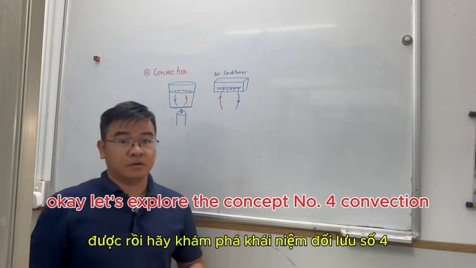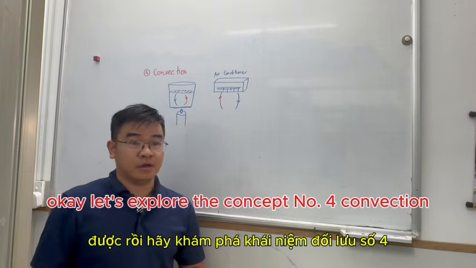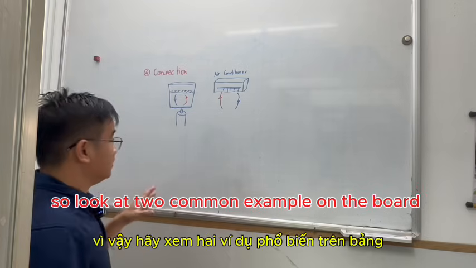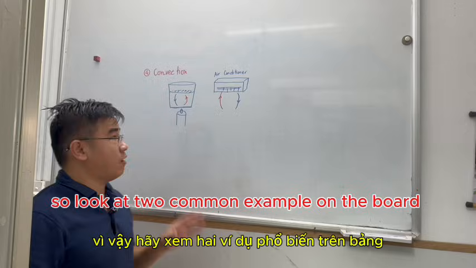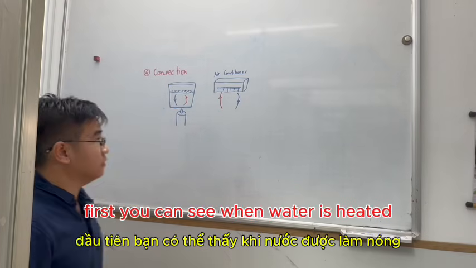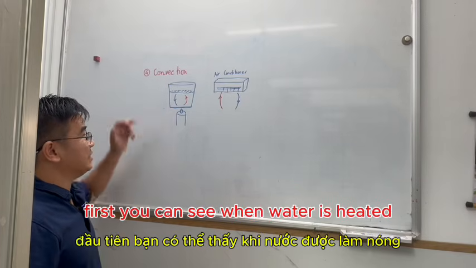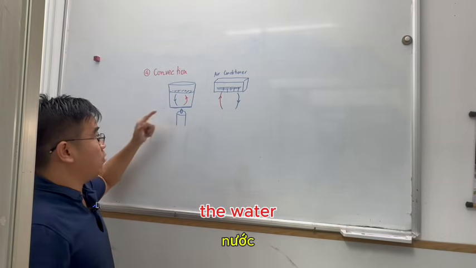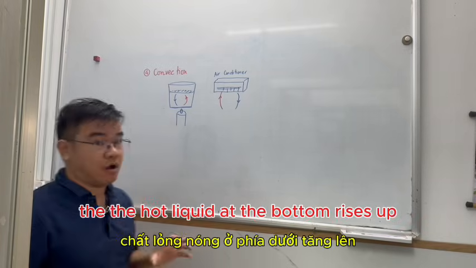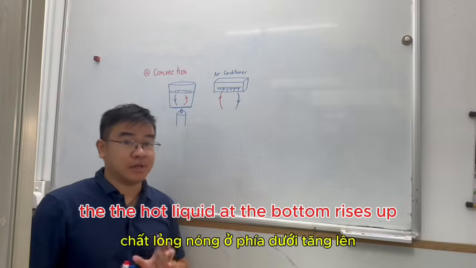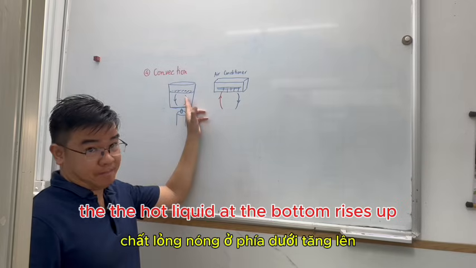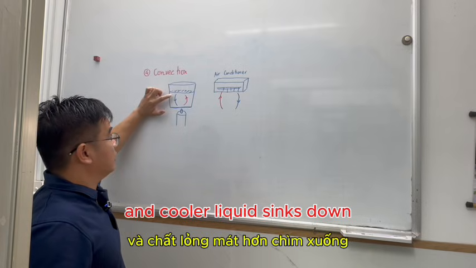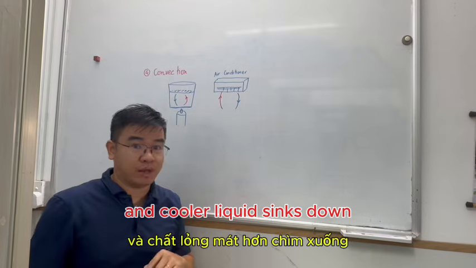Okay, let's explore concept number 4, convection. So, look at two common examples on the board. First, you can see when water is heated, the hot liquid at the bottom rises up and cooler liquid sinks down, right?